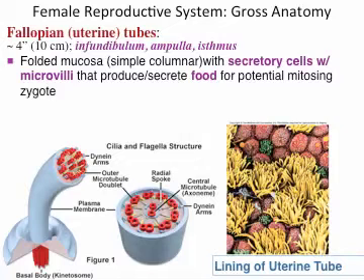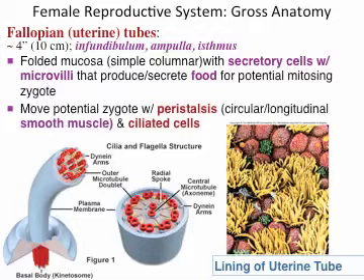If you look inside a cilia or a flagella, in this case a cilia because we're talking about the uterine tube, you can see the complex molecular mechanism that allows the cilia to move back and forth. But you don't have to know any of those molecular details for the test. It's just kind of cool to look at the way that's built.